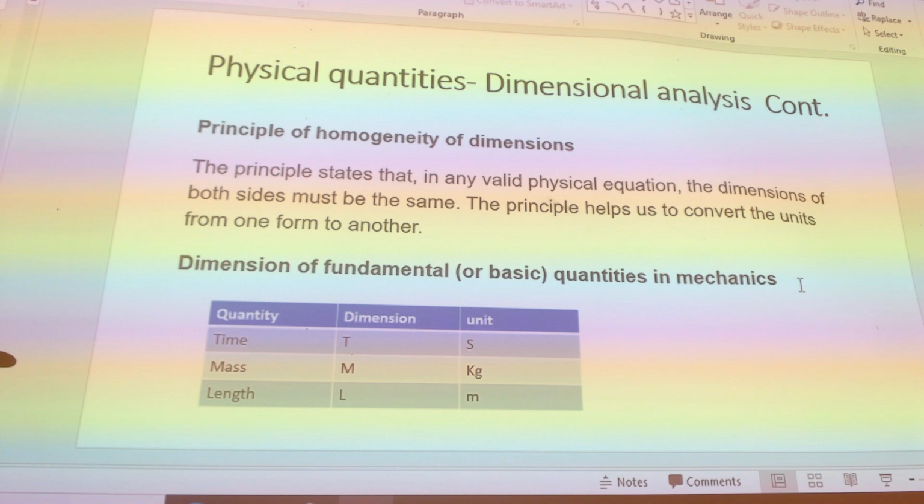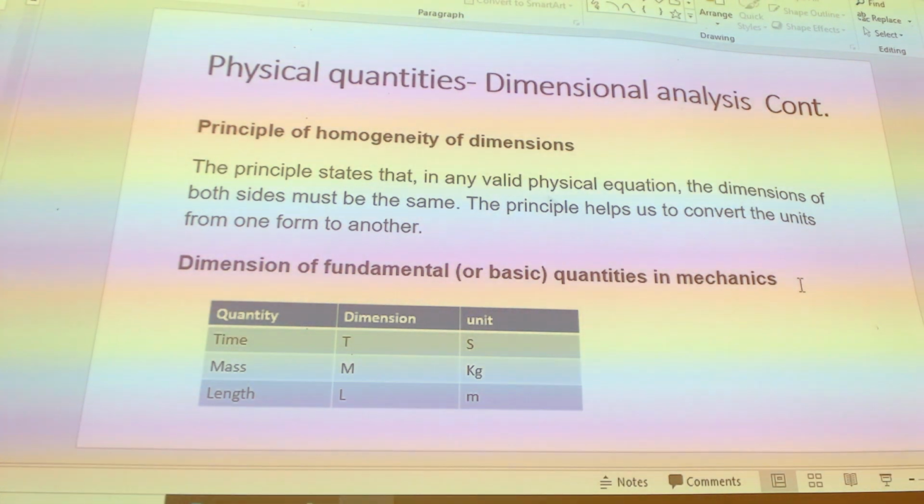If you carefully find the dimensions of both sides, we can see that the dimension of the left-hand side and that of the right-hand side will be the same. Such a format is referred to as homogeneity, the principle of homogeneity. We show that the dimensions for both sides of the equation are the same.